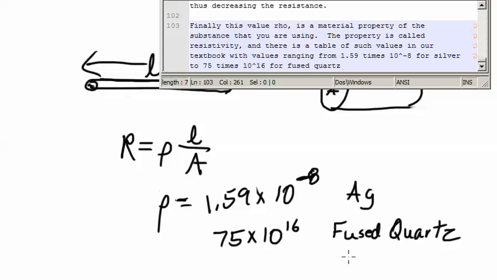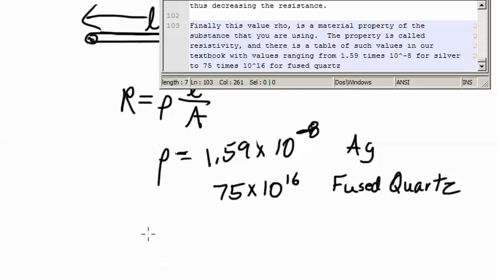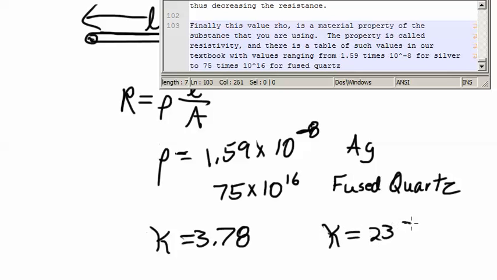Fused quartz is also listed in another table for dielectrics, and they say that the dielectric constant for fused quartz is 3.78, which compares favorably to just about all of the other dielectrics except for strontium titanate with a kappa of 233.